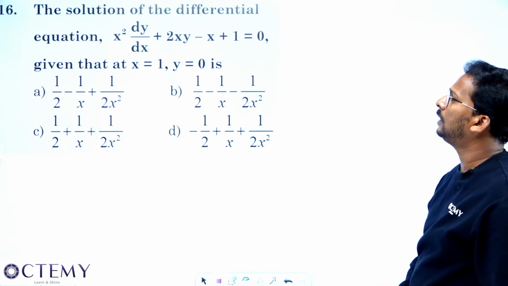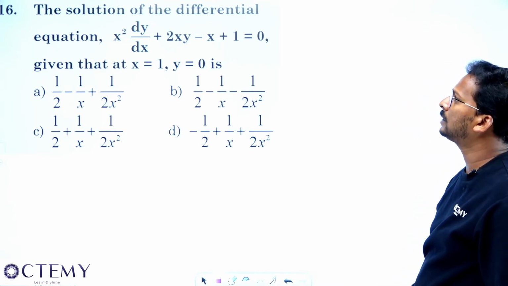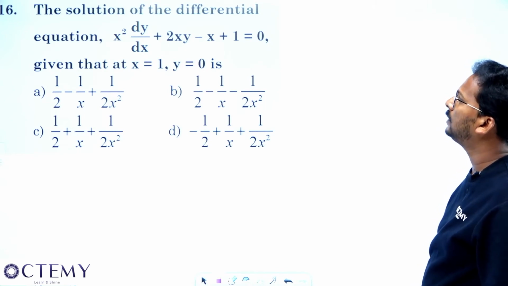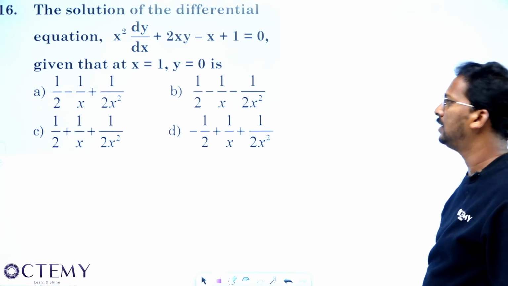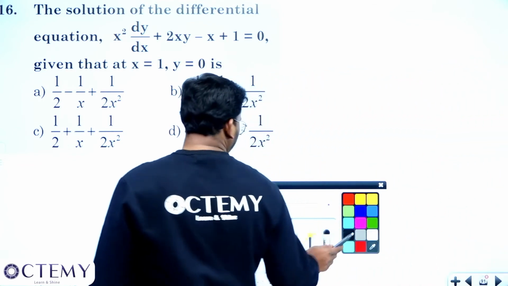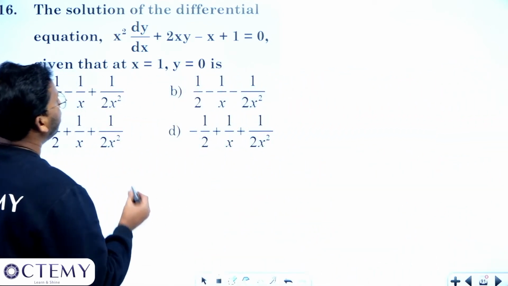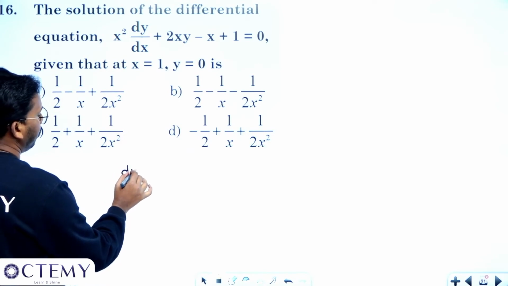The next question is telling that the solution of the differential equation x square dy by dx plus 2xy minus x plus 1 equal to 0, given that this. Very simple question. I will write it in the form which is more like a Leibniz form.